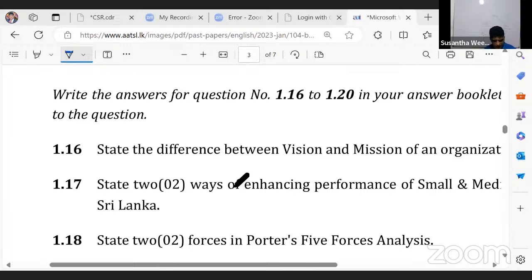That is the long-term direction of the organization. What is the long-term achievement of the organization? What is the purpose of existence of the business?